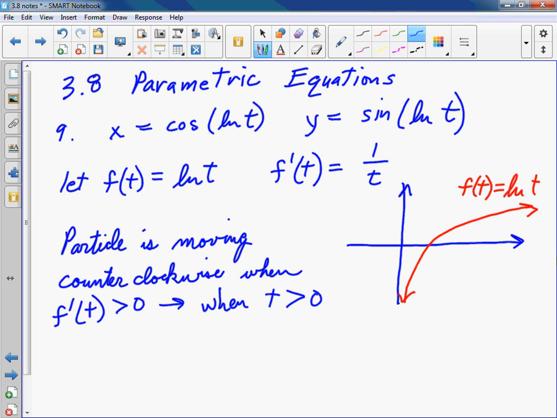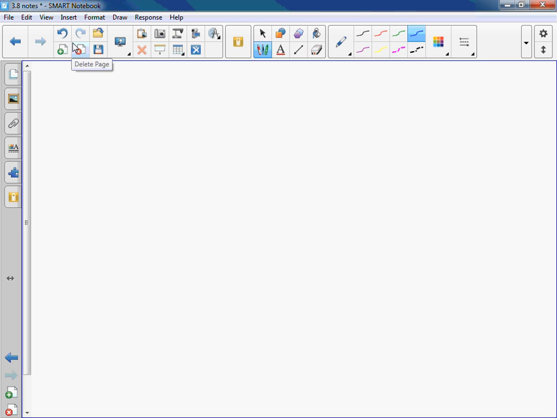The slope of the tangent line is always positive, and the motion of the particle is not defined when t is less than or equal to 0. Very nice, there's number 9.